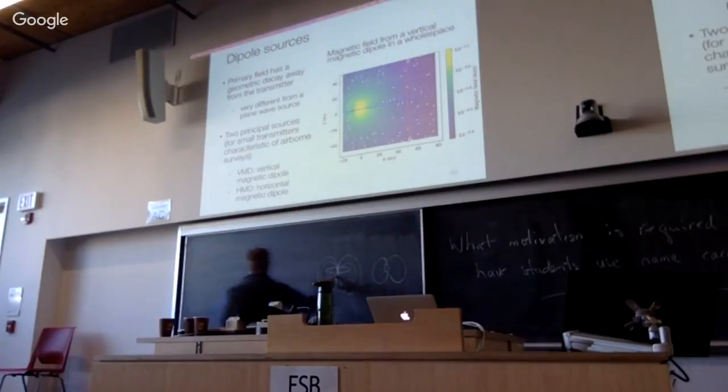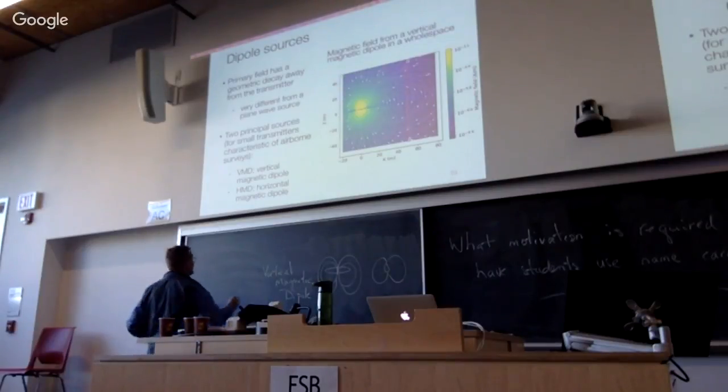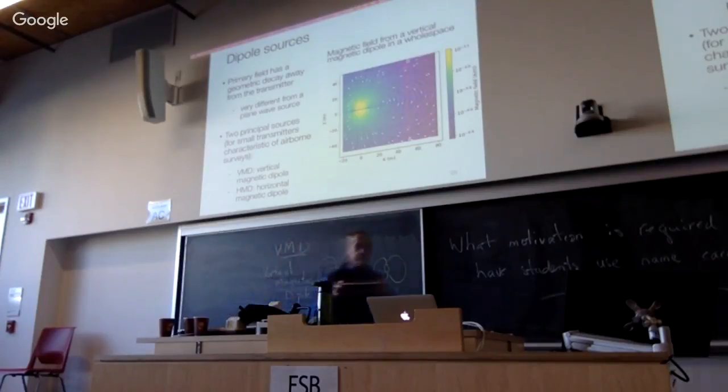So a horizontal loop gives rise to a vertical magnetic dipole. And sometimes we'll shorten that by VMD. So you'll see this, vertical magnetic dipole, and that's going to be what happens if you have horizontal.